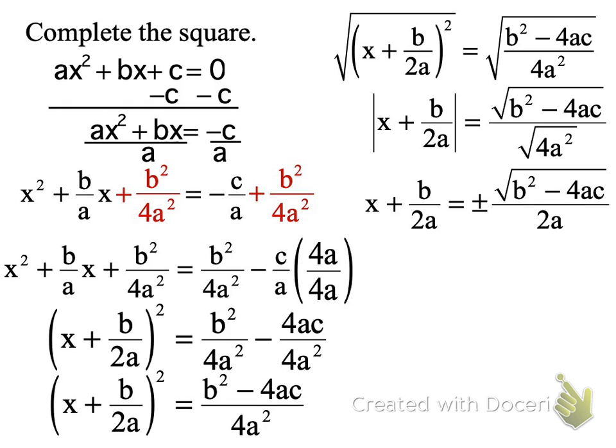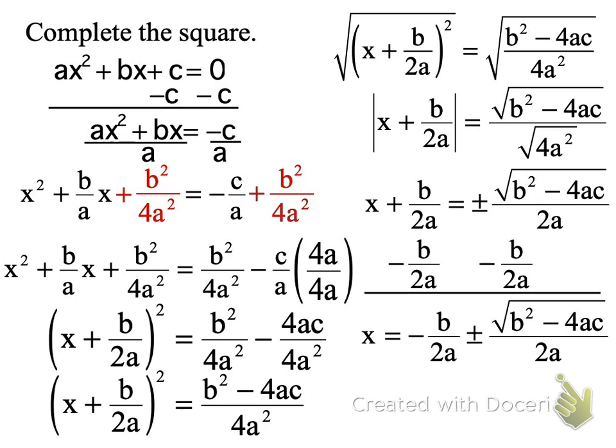And then I'm going to subtract b over 2a from both sides. Okay, now I'm going to subtract b over 2a from both sides of the equation, and we're left with x equals negative b over 2a plus or minus the square root of b squared minus 4ac over 2a.